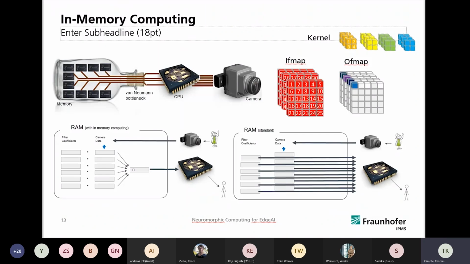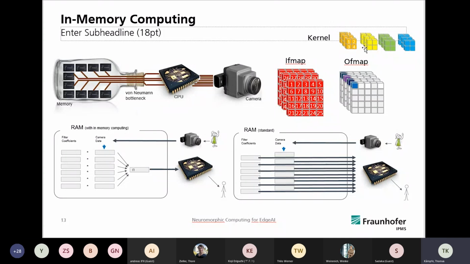So how is in-memory computing done for, for example, convolutional neural networks? Very quickly, we have an input feature map, which could be an RGB image. Here we have 3 images, which are captured by a camera.